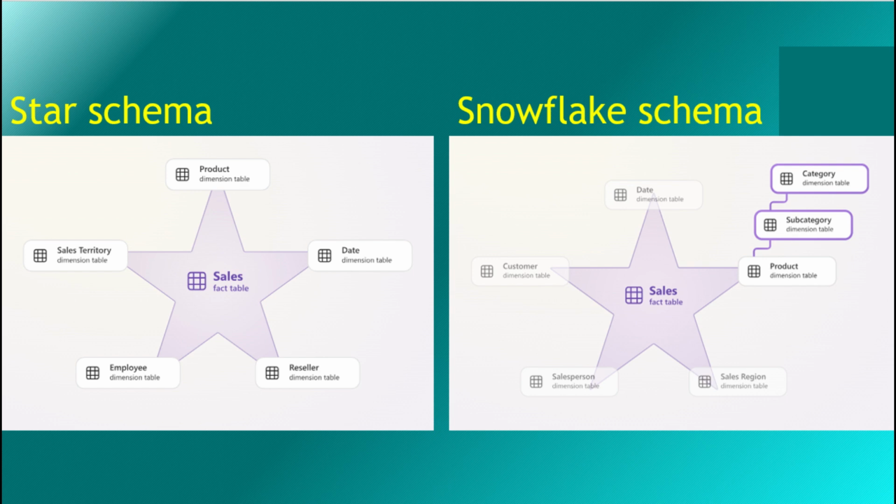In star schema we have denormalized tables, so the fact table connects to all the dimension tables, whereas in snowflake schema, though the fact table connects to the dimension tables, the dimension tables are again normalized, so they have separate links to their subdimension tables. That is the difference between the star and snowflake schema. A star schema is more efficient to query than the snowflake schema.